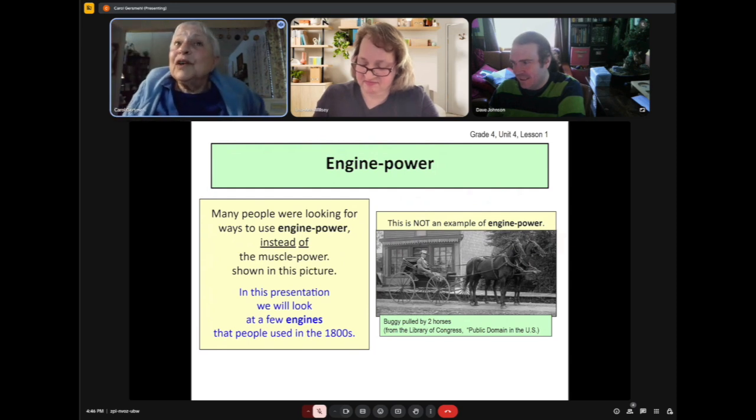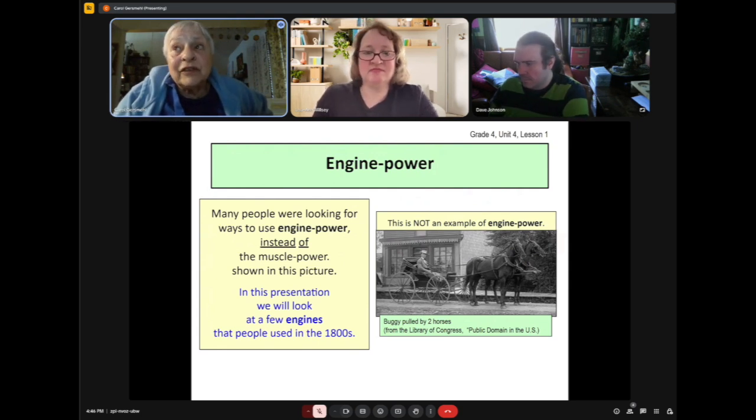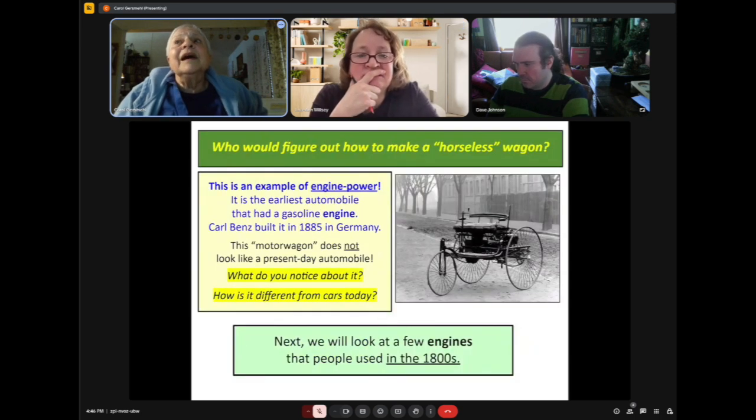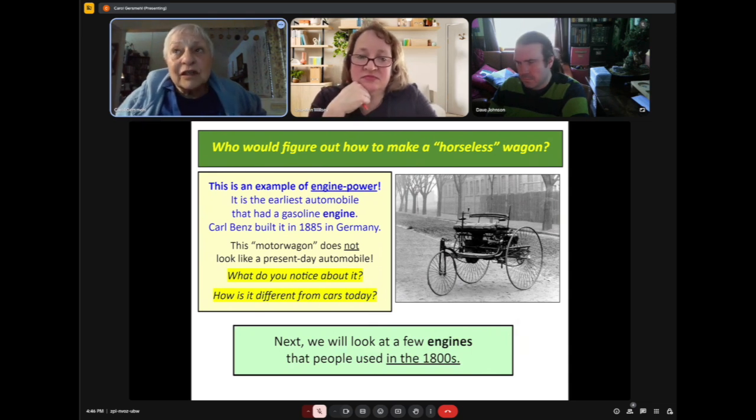People were looking for engine power instead of muscle power. This all started in the late 1800s. This obviously in the picture is not an example of engine power. This is one of the very first horseless wagons.